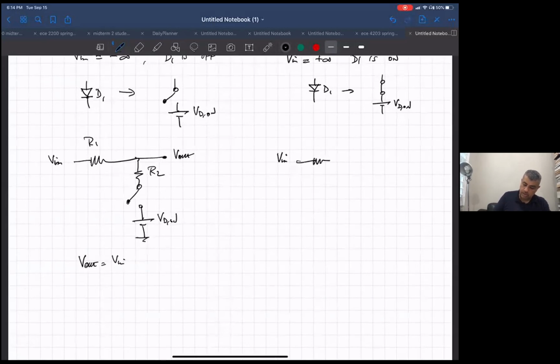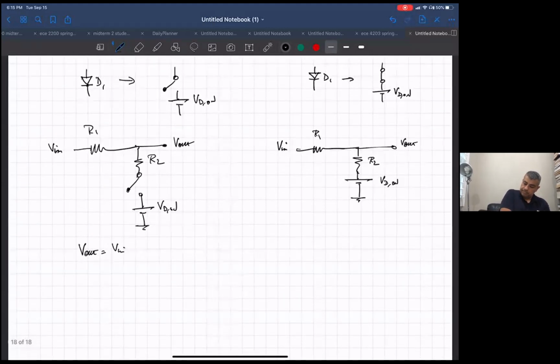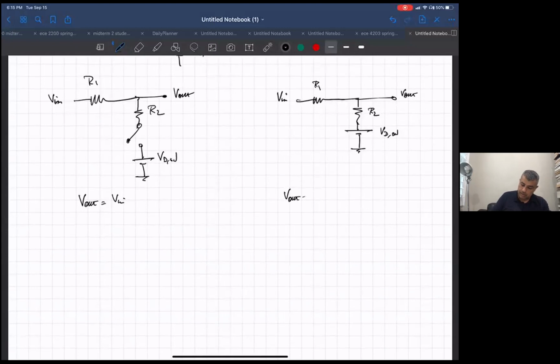If I redraw the circuit again, V out looks like Vn times R2 over R1 plus R2, but plus VD on.